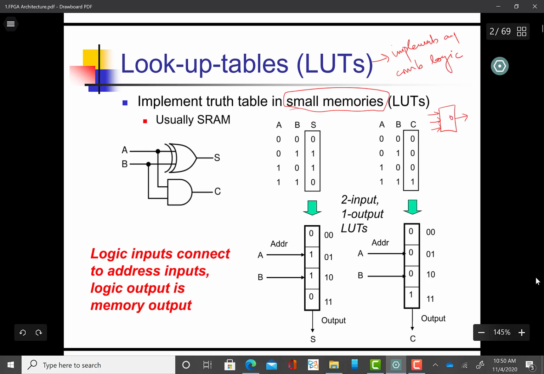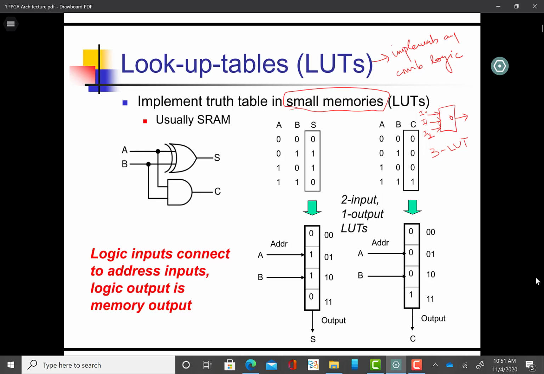So this may be O, and this may be I0, I1, I2. So this is called a 3 LUT, or 3 input LUT. Now a 3 input LUT can implement any function that has 3 inputs and 1 output, okay. It can be any function that you can think of.